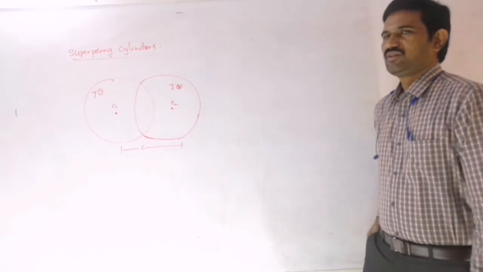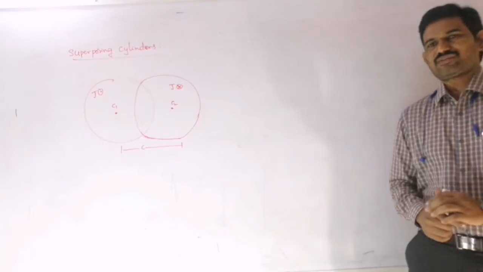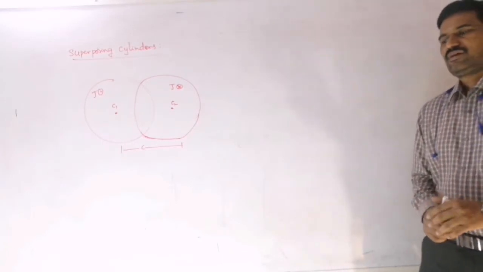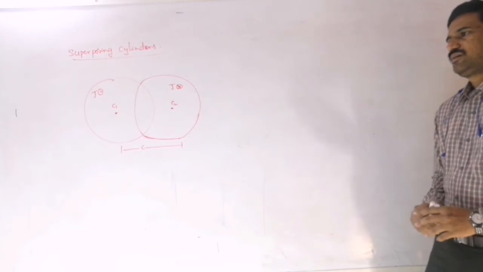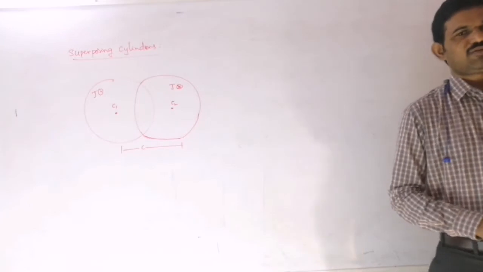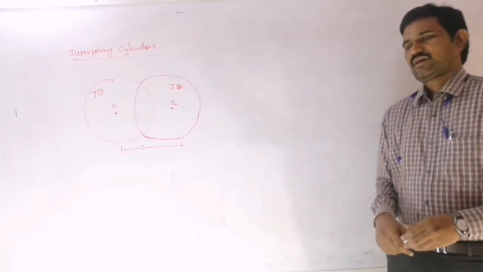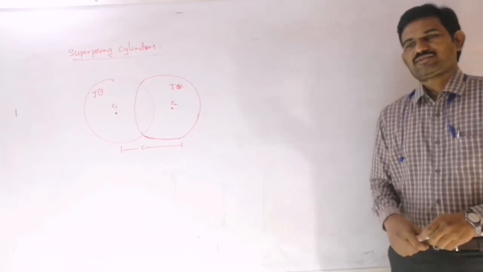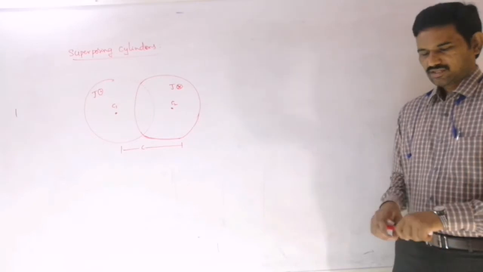C is the distance between the axes of the cylinders. Current density in both the cylinders is equal in magnitude but opposite in direction.